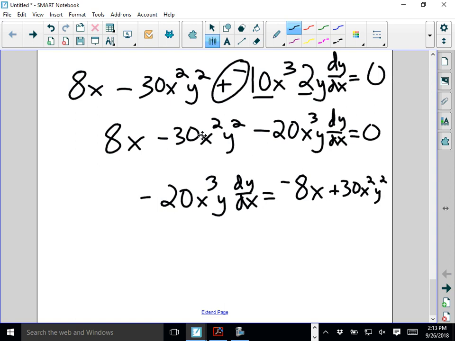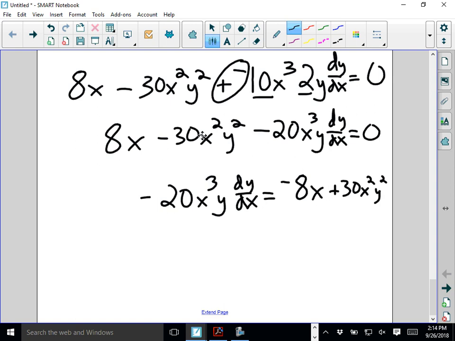That's not the only way you could have done that. It might have actually been easier to just add the 20x cubed y dy dx to the right side. That would get it alone. Either way would work, right? We just got to be very careful with our signs on this.